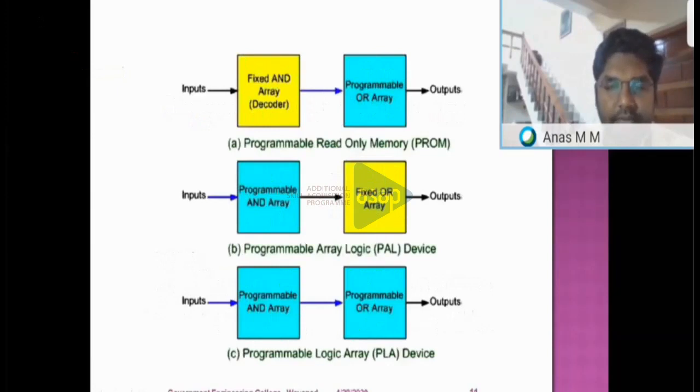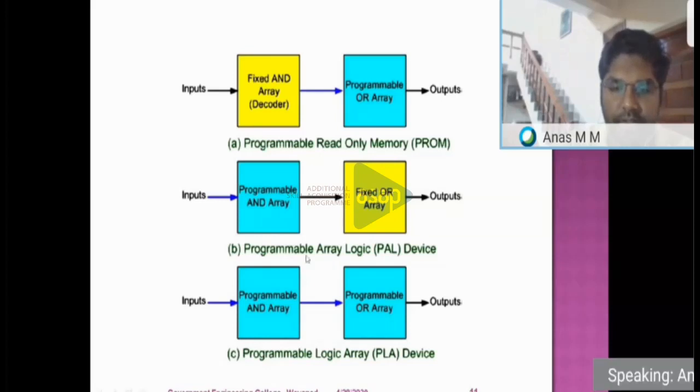Depending on the gate's property, we classify programmable logic devices into three categories. One is PROM, programmable read-only memory. The second is programmable array logic. The third is programmable logic array. This is the most important part.